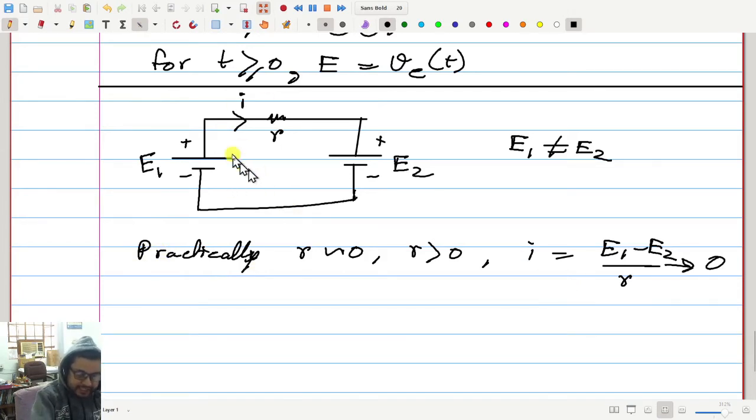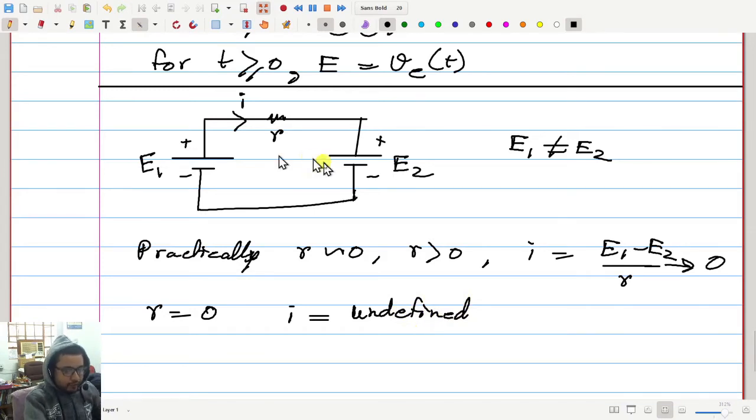This is a bad circuit. And theoretically, if R is equal to 0, then I is undefined. Practically never try this, and theoretically we do not have an answer. So this is a bad, or even dangerous, circuit.